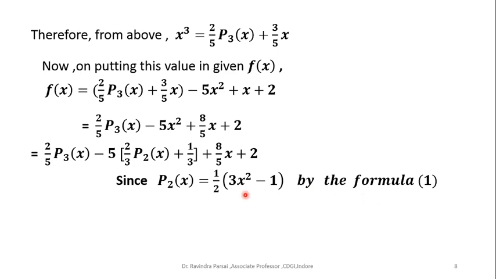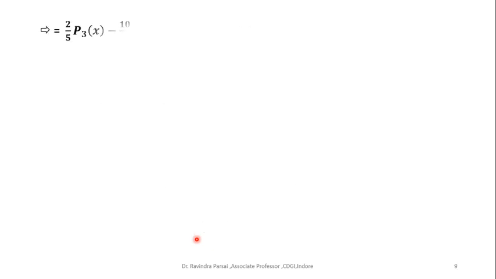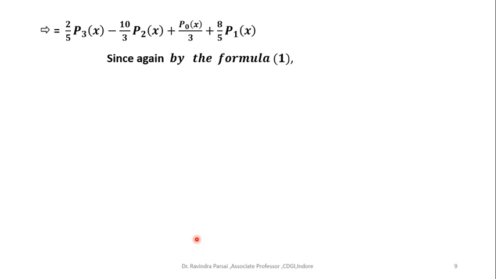Substituting this and simplifying algebraically, you will get 1 by 3 as constant, 8 upon 5 as x, and this is the value of P3(x) minus 10 upon 3 of P2(x). Now use the Legendre polynomial of degree 1, P1(x) equal to x, and the constant polynomial P0(x) equal to 1. Substitute these in the previous one and you will get this expression.